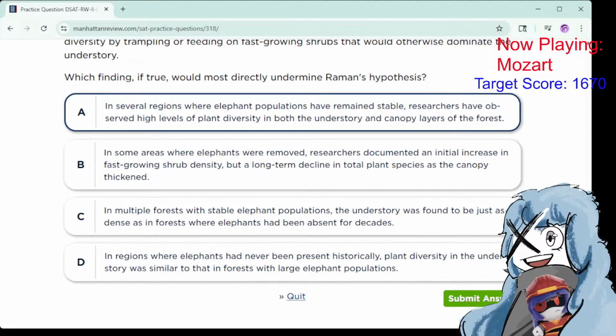In some areas where elephants were removed, researchers documented an initial increase in fast-growing shrubs and trees, but a long-term decline in total plant species richness. In multiple forests with stable elephant populations, the understory is found to be just as dense as in forests where elephants have been removed. It's A and C.